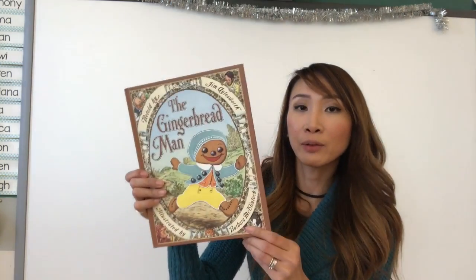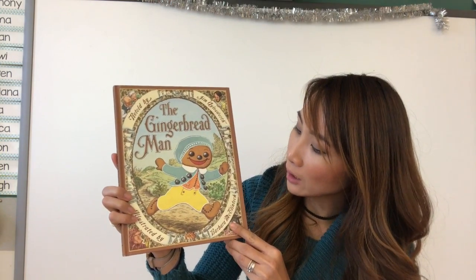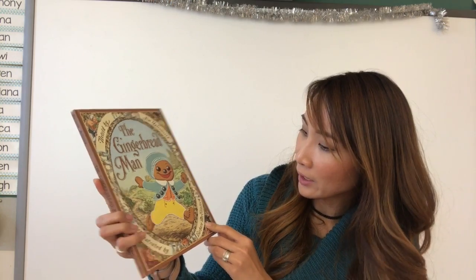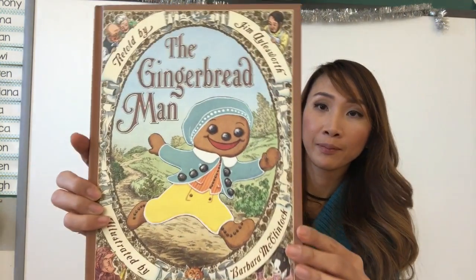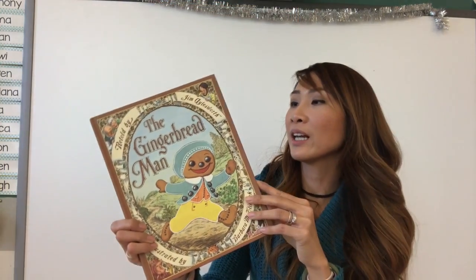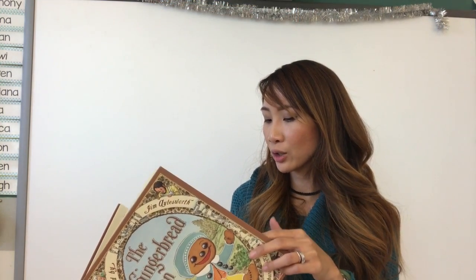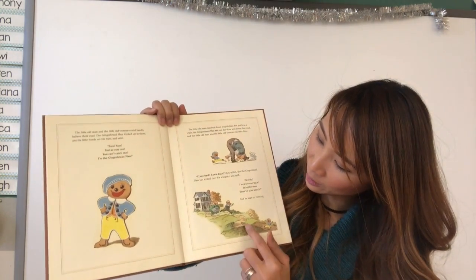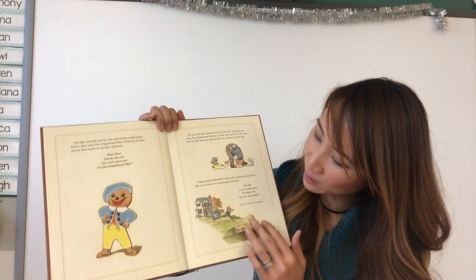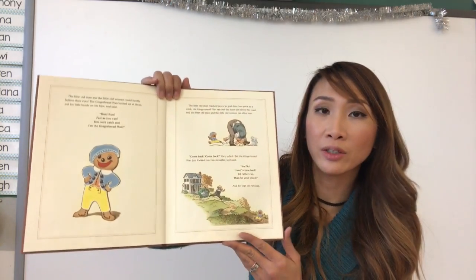This one is my favorite one of the Gingerbread Man storybooks. This one is by Barbara McClintock. And I really like this one because of the illustration. The illustrations are very detailed and there's lots of information that happens in the pictures.